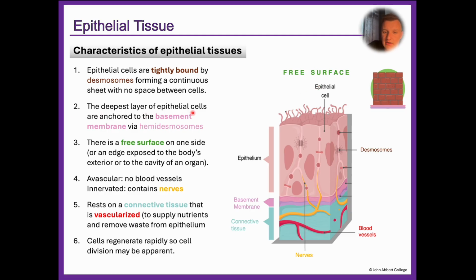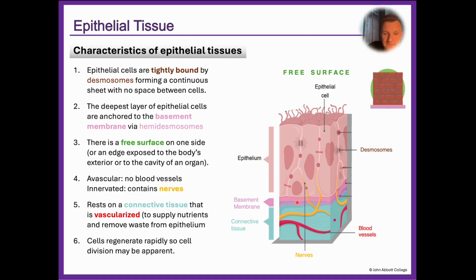The deepest layer of epithelial cells are anchored to the basement membrane. Do you see this over here? All epithelium lie on a basement membrane. I'm going to repeat this over and over. All layers of epithelium lie on this basement membrane. This is important. This is the base that it's sitting on, right?